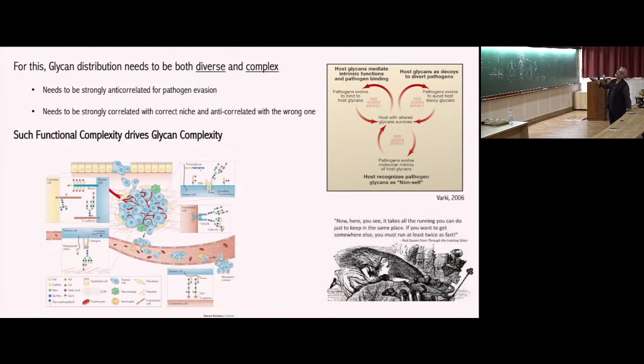The host wants to escape that, so it will try to change its glycan profile. But the pathogen evolves much faster, so it will change to accommodate that new environment. And so you see, that's the Red Queen effect. The host is obliged to keep running in order to survive. And this is true for all the other functions that I talked about.